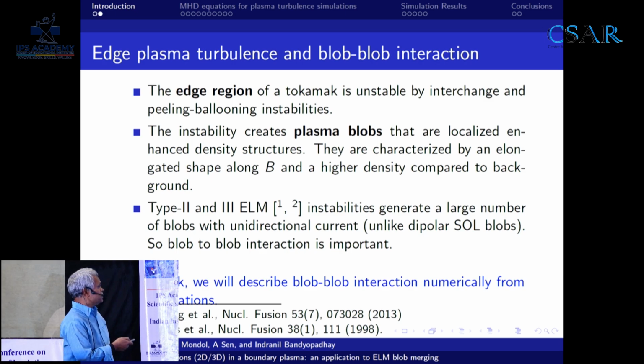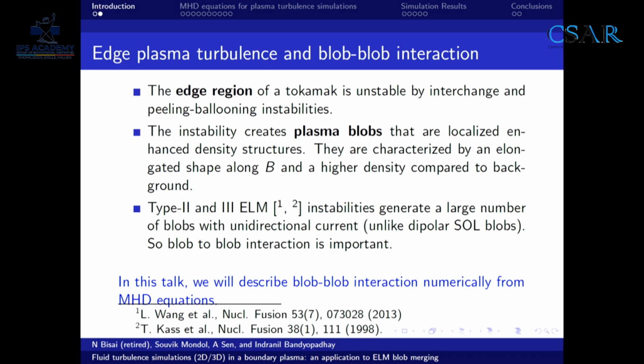This instability creates plasma blobs. In the scrape-off layer, there is only the interchange instability, but in the case of the edge region, it has a combination of peeling, ballooning, and interchange. Peeling ballooning have an interesting feature that the blobs they generate carry unidirectional current.